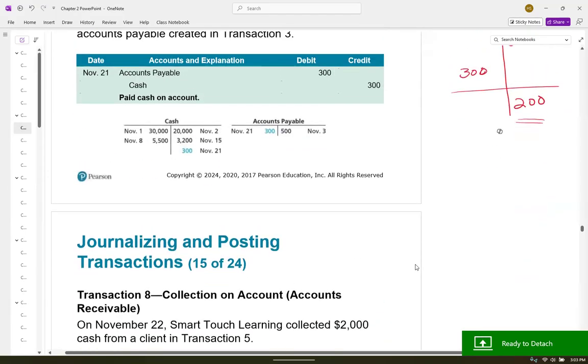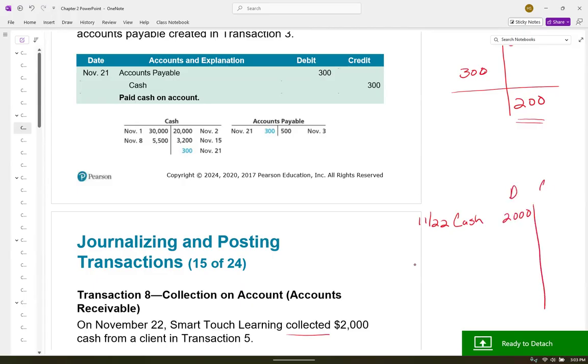All right. Then we collected $2,000 of cash from that client, okay? So if we look at the 22nd, we're getting cash. We are going to debit cash because we're making the cash go up. And we have to have a credit to balance it out.